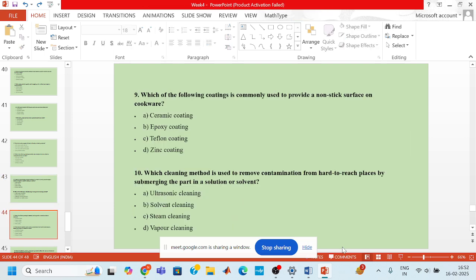Okay, question number 9 is, which of the following coatings is commonly used to provide a non-stick surface on cookware? Options are ceramic coating, epoxy coating, Teflon coating, and zinc coating. What could be the answer, anyone? Ceramic coating. Anyone else?